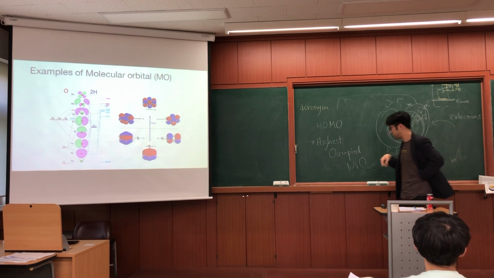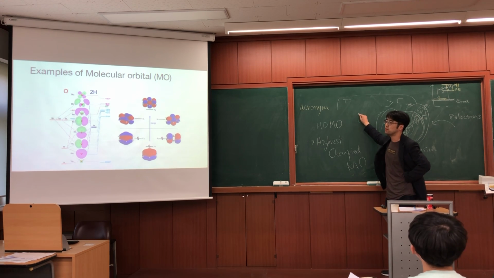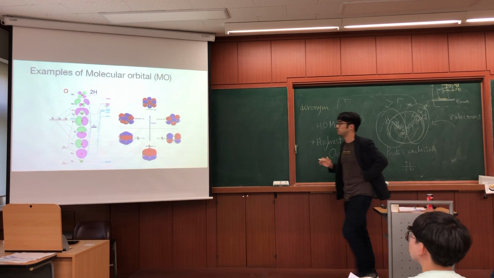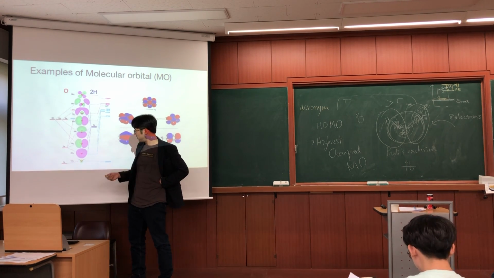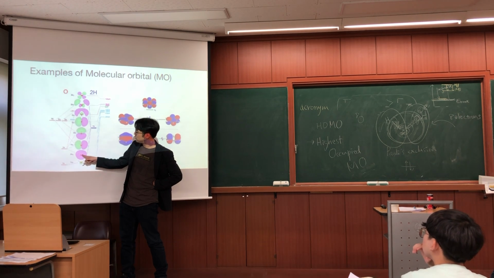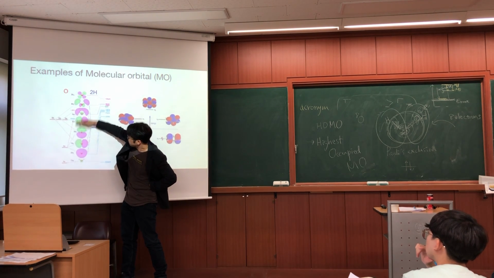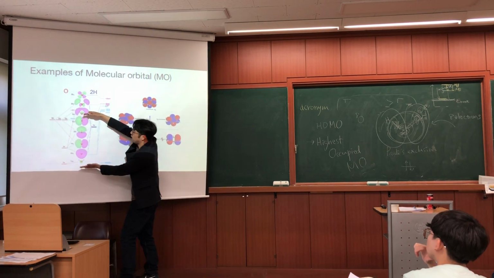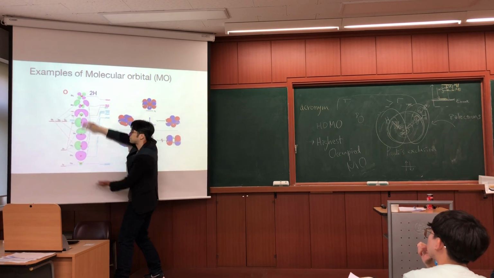It has 10 electrons, right? Oxygen was number 8. My mistake. So it has 10 electrons: 2 electrons go to here, 2 go to here, 2 go here, 2 go here, 2 go here. So 10 electrons are occupying up to these 5 molecular orbitals, right?